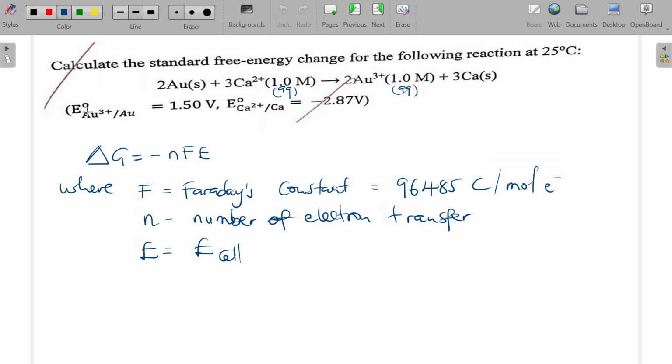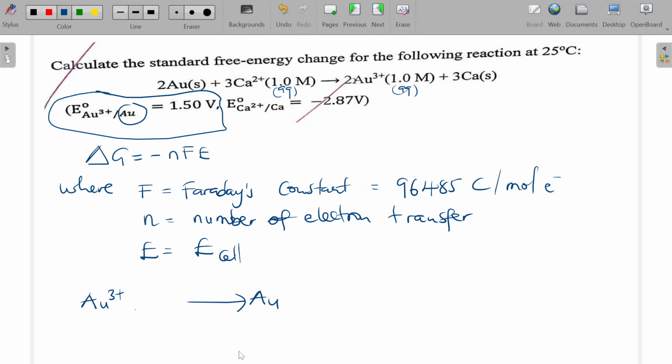So now we come back here. They've told us that these are standard reduction potentials. You've checked here. There is gold. This one here is telling us that Au 3 plus is changing to Au.